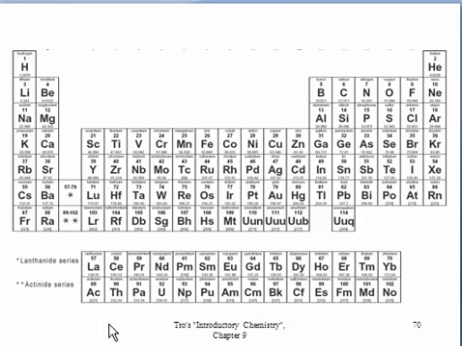Now in this class, we are mainly going to be concerned with the valence electrons of the main group elements. And by main group, we mean the s block and the p block. It is extremely easy to determine the number of valence electrons just by looking at the periodic table. The valence electrons of this family is 1. The valence electrons of this family is 2.